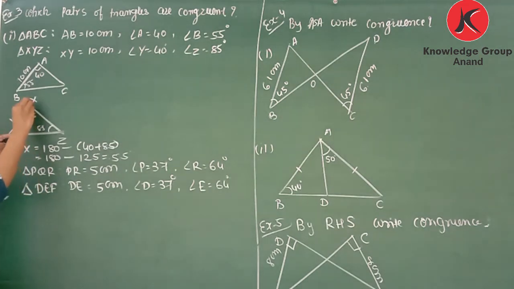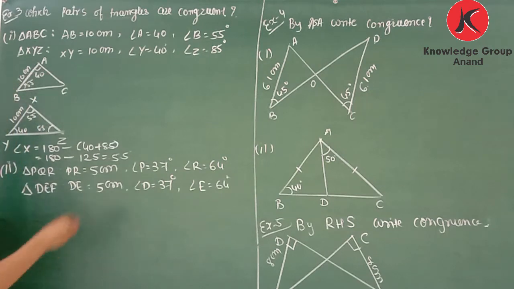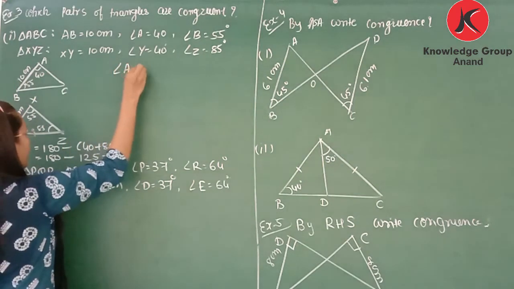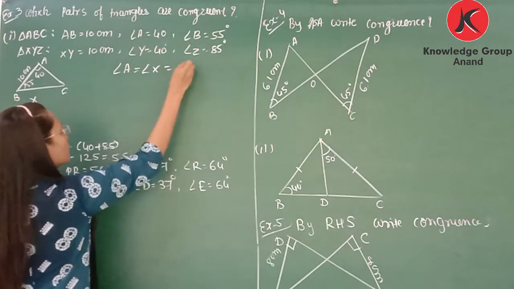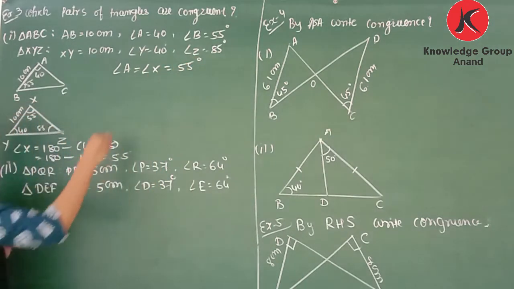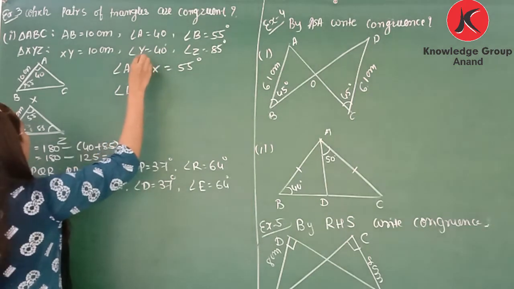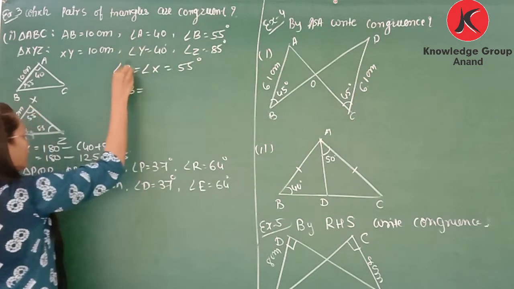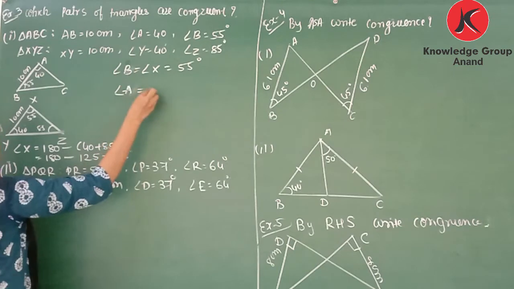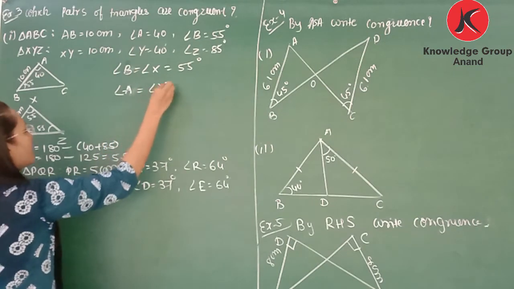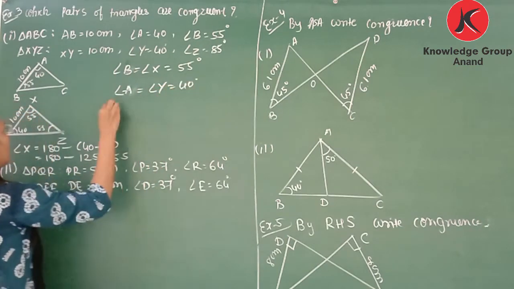Now you can see this included side and two angles are equal. So here we can write angle A is equal to angle Y, which is 40 degrees, and angle B is equal to angle X, which is 55 degrees.